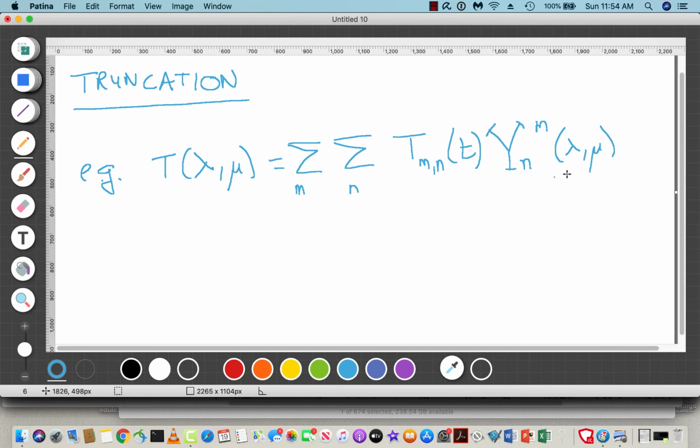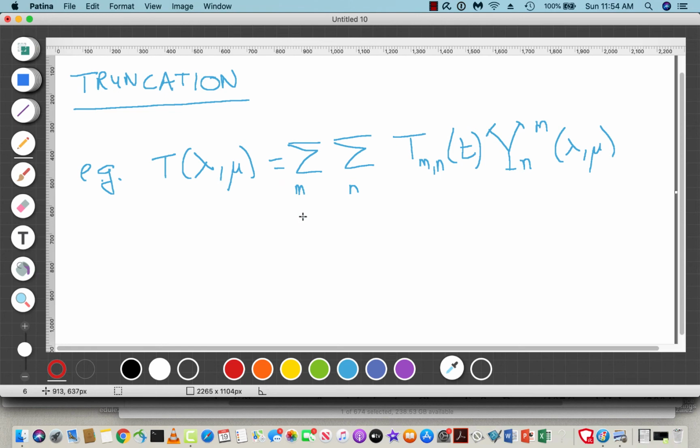The east-west piece is always going to be that nice familiar e to the i kx thing. The north-south piece is the Hough function, Legendre polynomial. So now we're going to do the truncation.